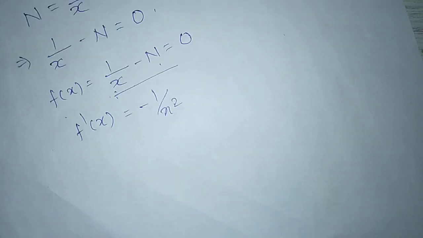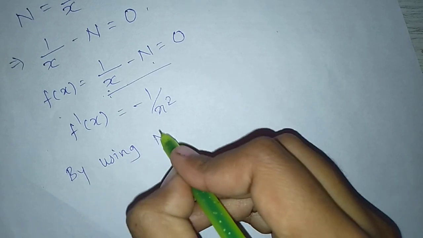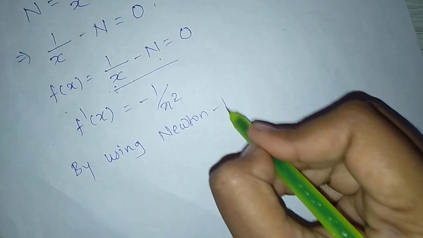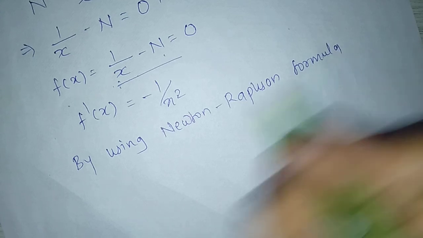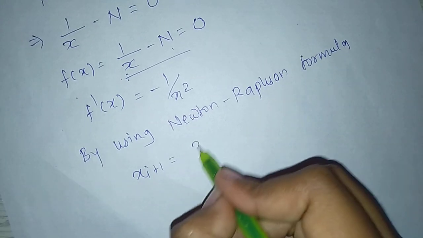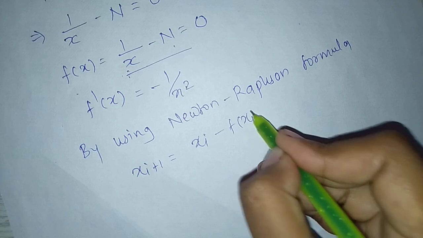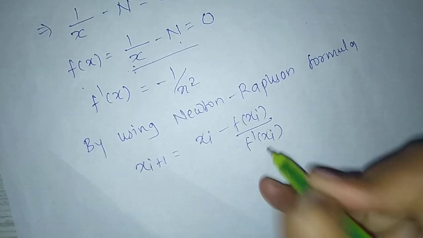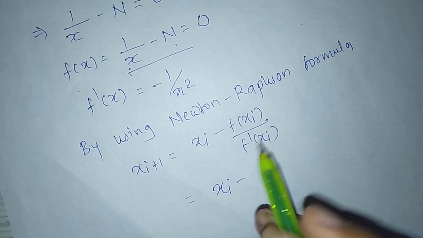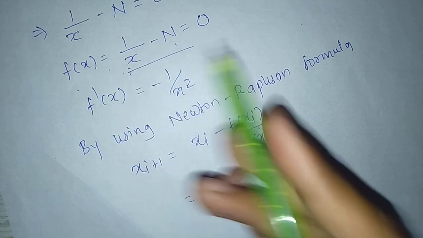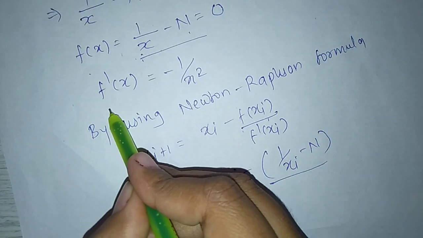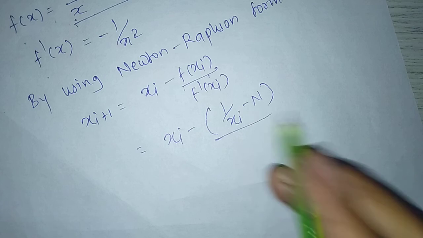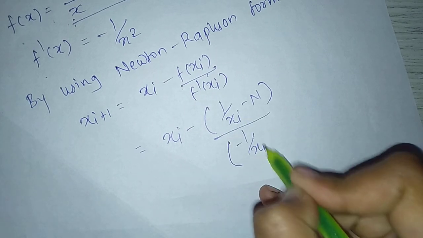Now by using the Newton-Raphson formula, x(i+1) equal to xi minus f of xi upon f dash of xi. Here f of xi is 1 upon xi minus n, and f dash of xi is minus 1 upon xi square.